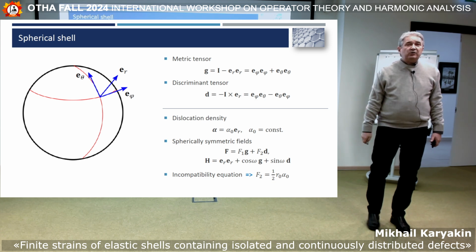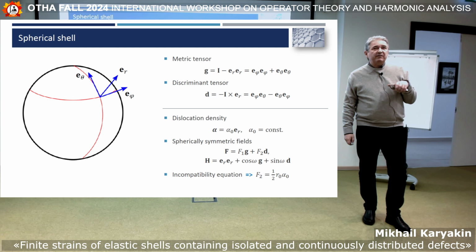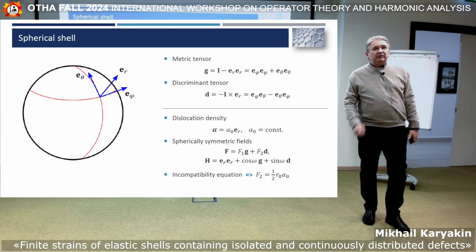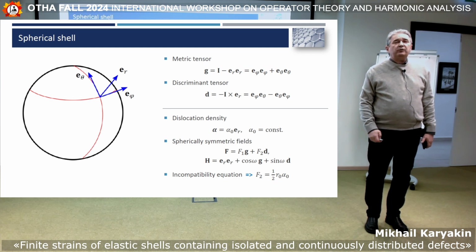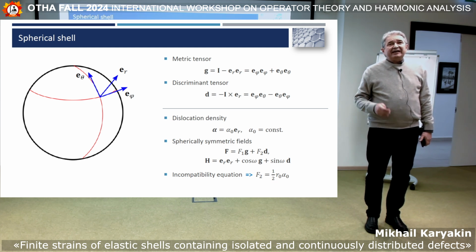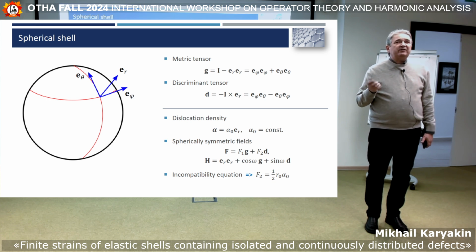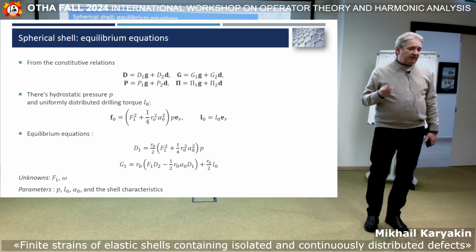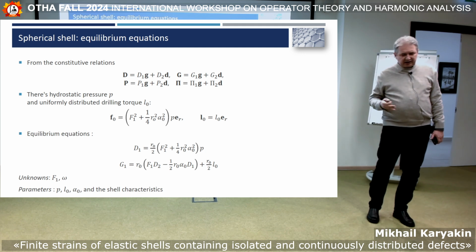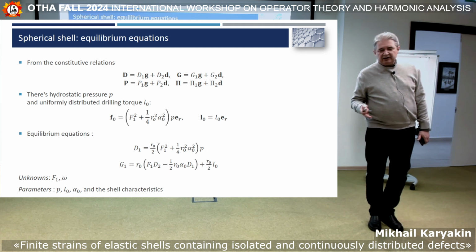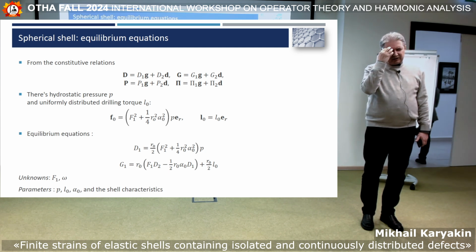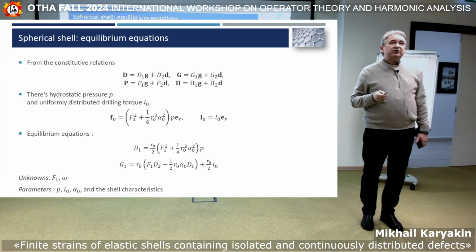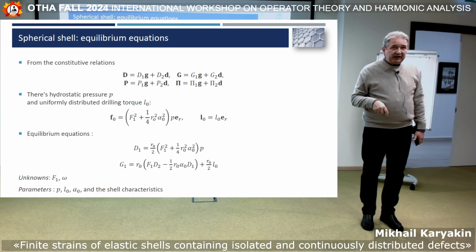If we suppose that this dislocation density is given by the function alpha, then we can seek the solution in the form of spherically symmetric fields, and all our equations reduce step by step, by a technical procedure, from partial differential equations to a system of two algebraic equations.